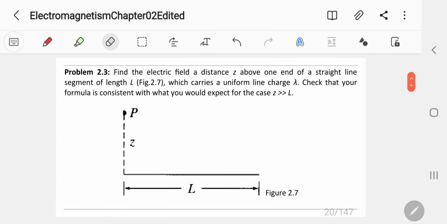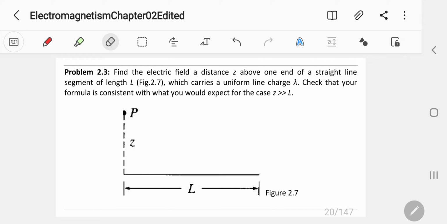So how about this? Using the concept in the example, you can also find the electric field at a point P, which is distance z above one end of a straight line segment L, which carries a uniform line charge lambda. You can calculate that.